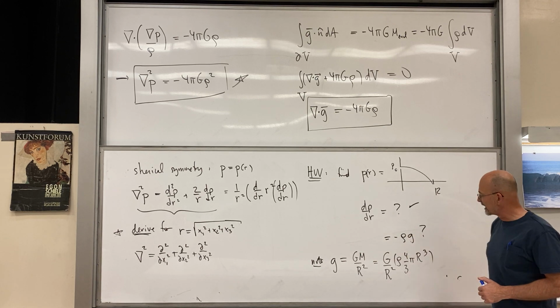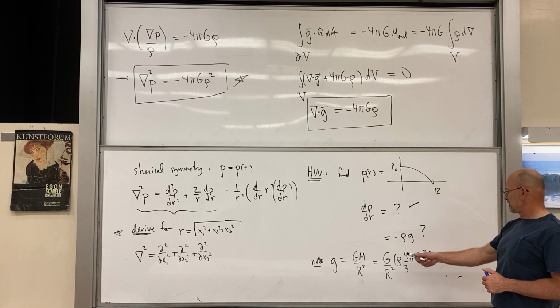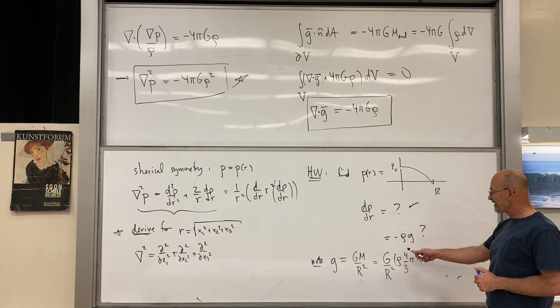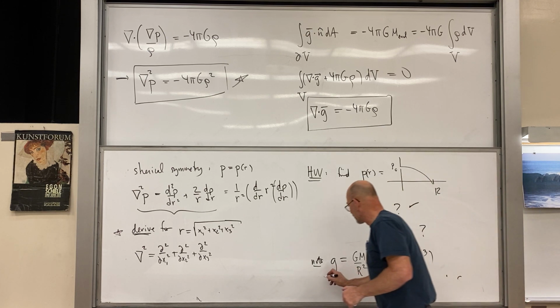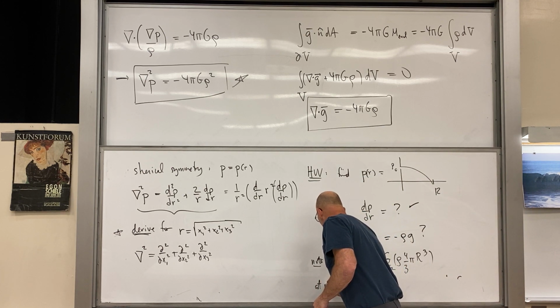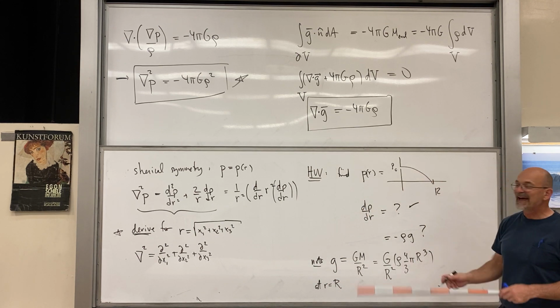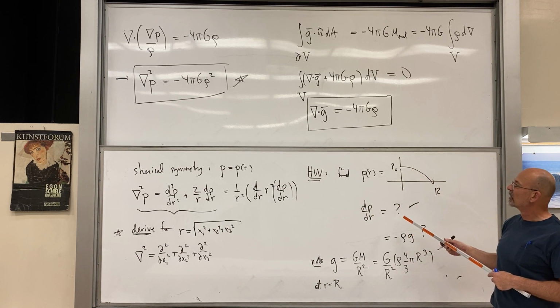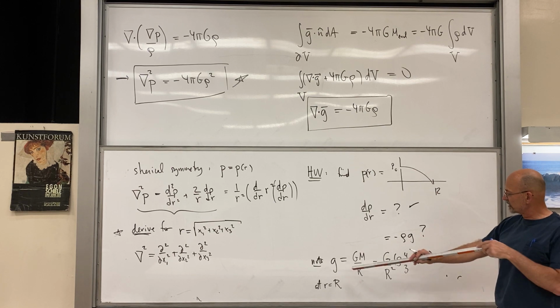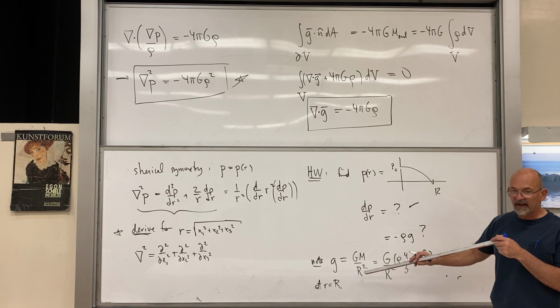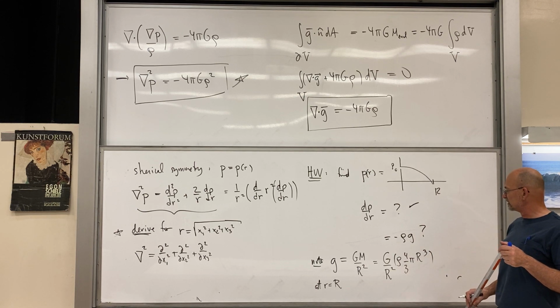When all is said and done, unless I made a mistake here, that'll be G M over r squared, at the surface, at r equals R. So anyway, that's a pretty satisfying problem to do, non-trivial, with a special check there in the limiting case, that'll be good as well.